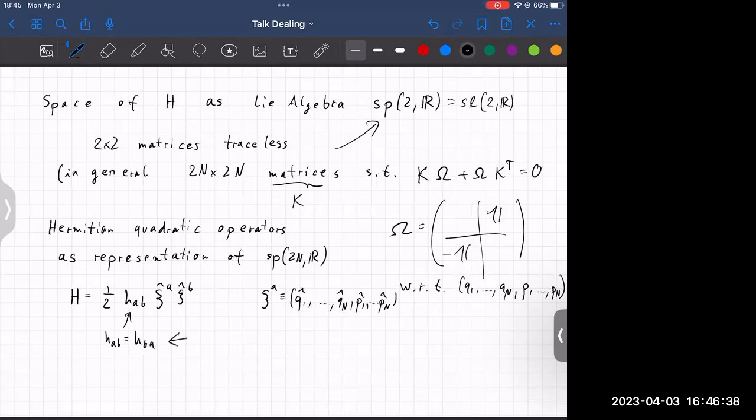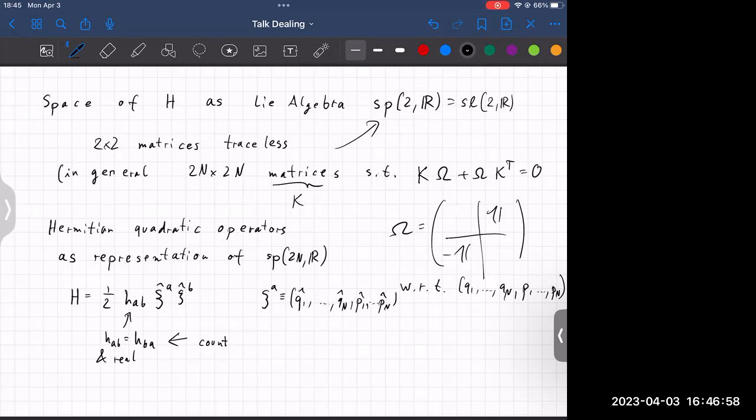And from that condition, I can immediately count what are the number of independent real entries in a symmetric 2n by 2n matrix?